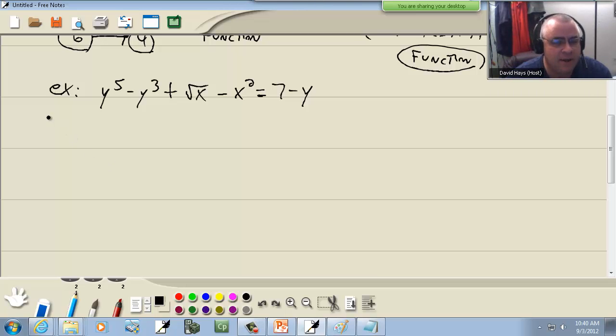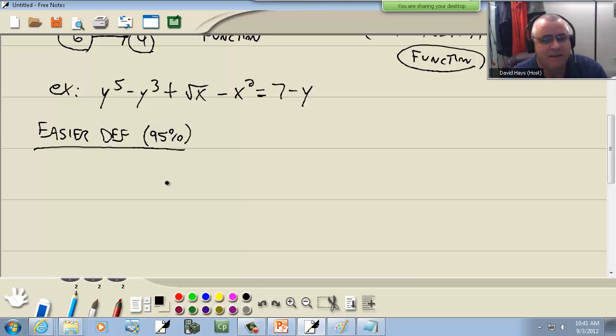Well, let's look at an easier way to determine if something's a function. Now, this easier definition, I'd say works 100% of the time in college algebra, intermediate algebra. You start going up in some of the harder topics like calculus, it'll probably start failing a certain percentage of the time. An easier definition.